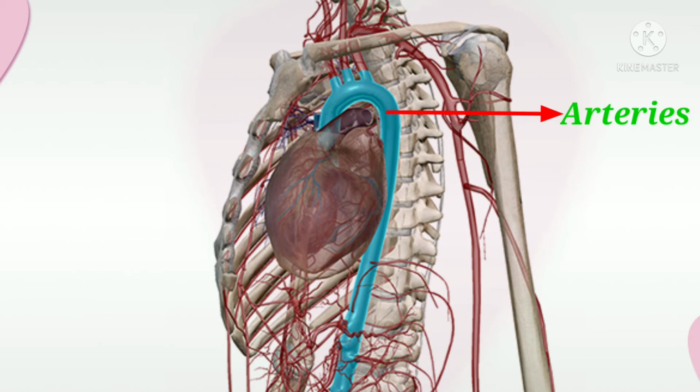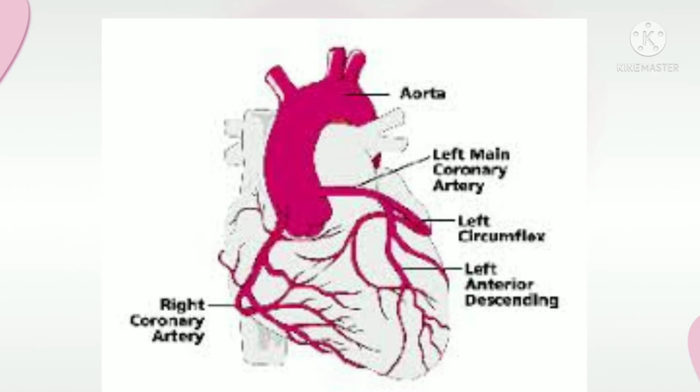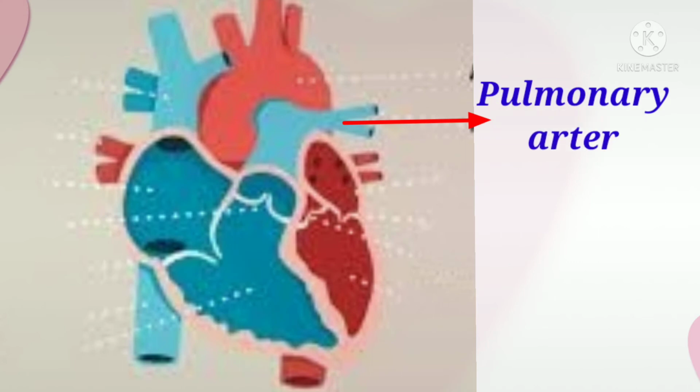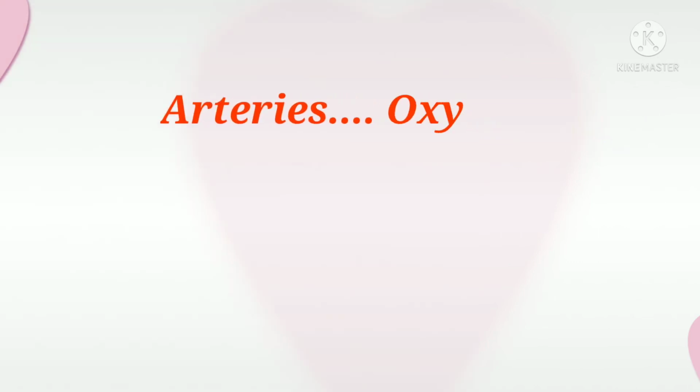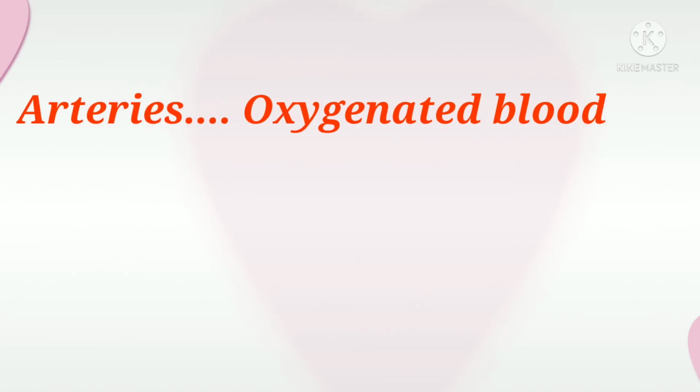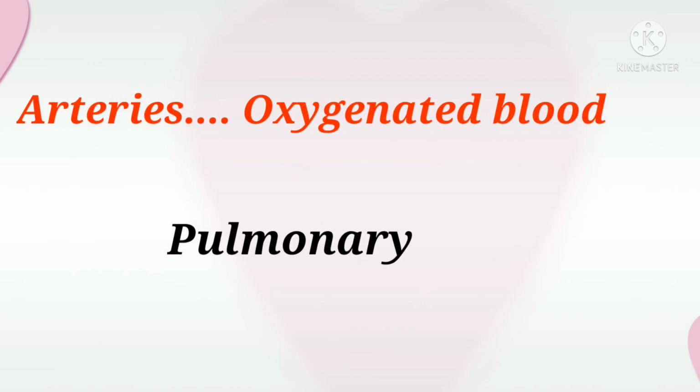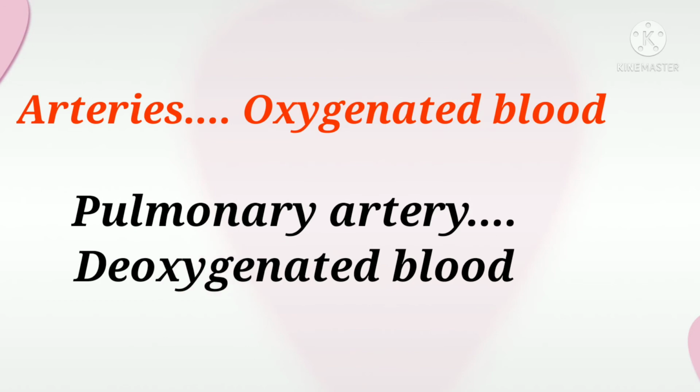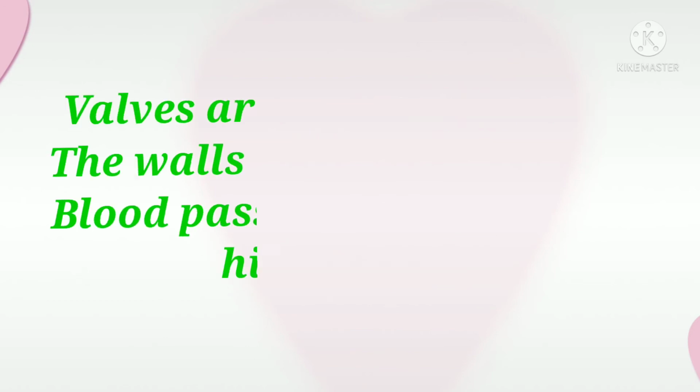The large artery is the aorta and the smaller artery is the pulmonary artery. Arteries carry oxygenated blood, but the pulmonary artery carries deoxygenated blood.